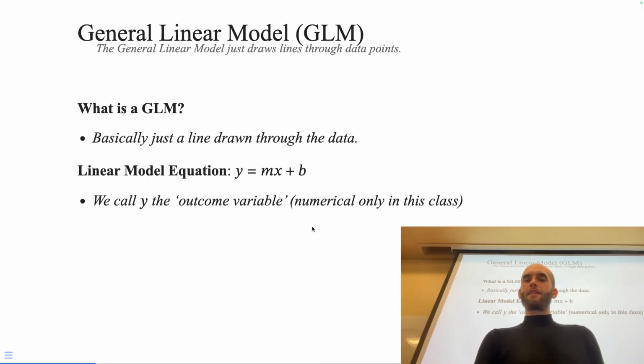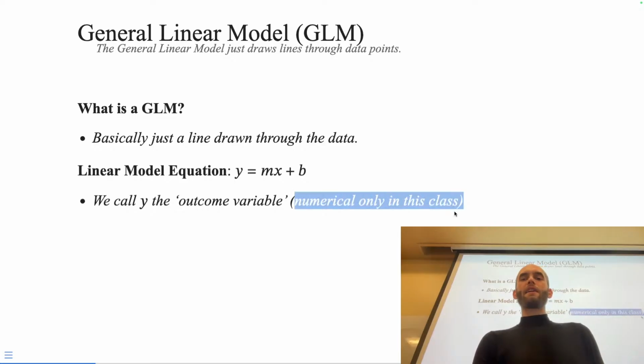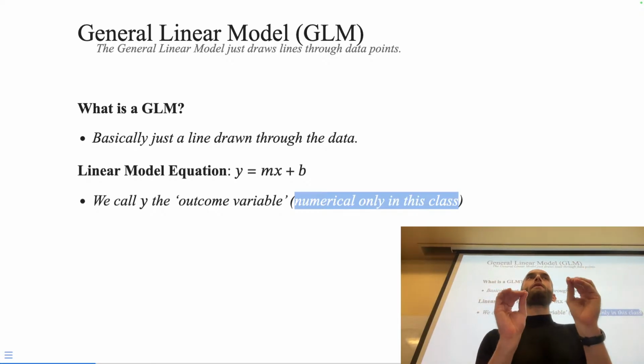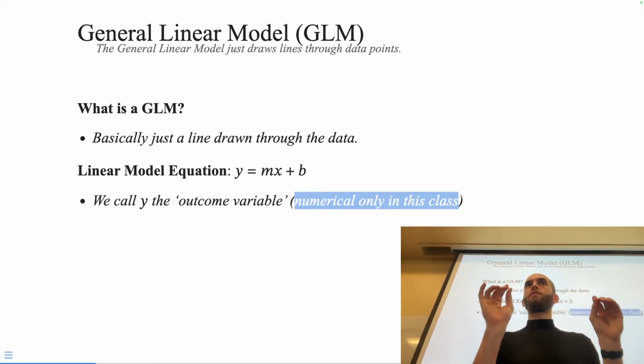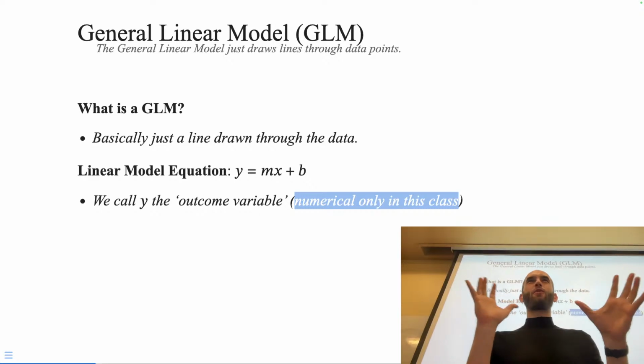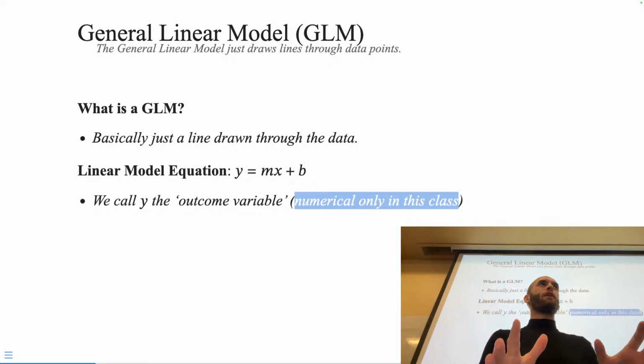In this class, we're only going to use numerical variables as our y variables. Y variables in this class will always be numerical. There's a technical reason why we only focus on numerical outcome variables.